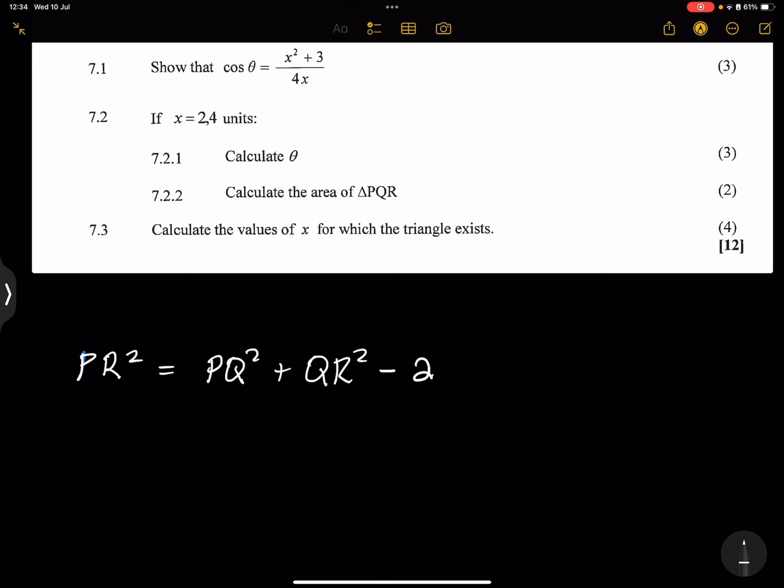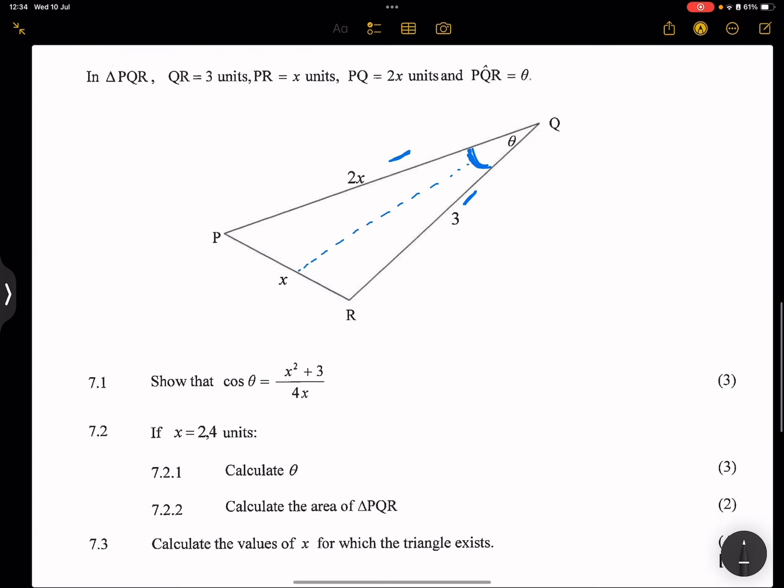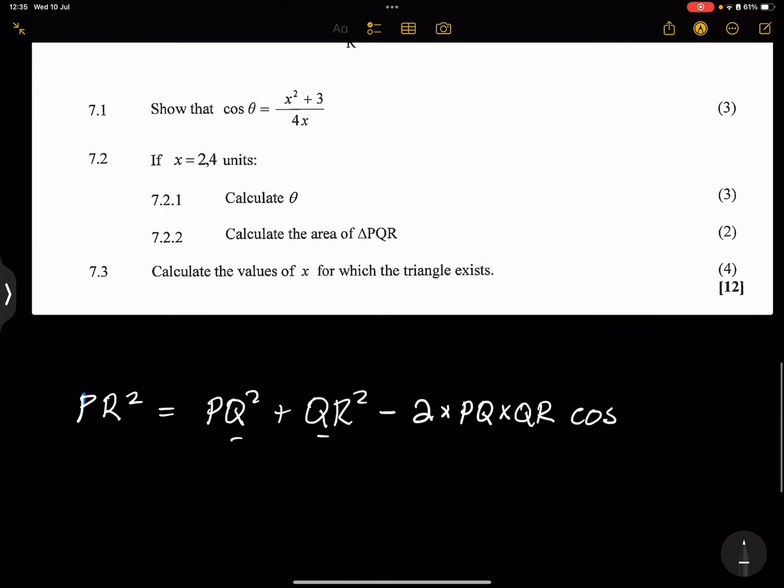Remember, it is the same sides that you've got there. That's PQ times QR, and the cosine of the included angle, which is the cosine of angle Q.